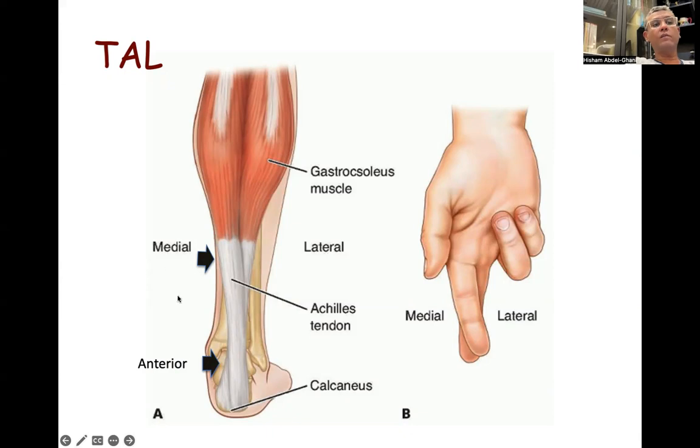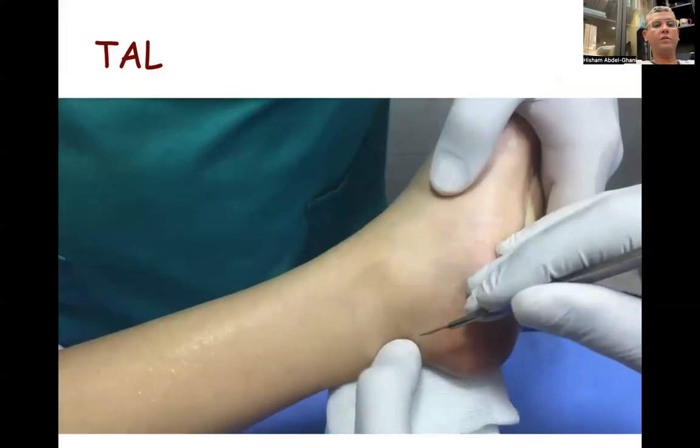If we want to cut the whole fibers, we can cut the anterior 2/3 of the tendon about 1 centimeter above its insertion, and then cut the medial half or 2/3 proximally. By these two cuts, we cut two different parts of the fibers, so the tendo Achilles will slide on itself and produce lengthening.